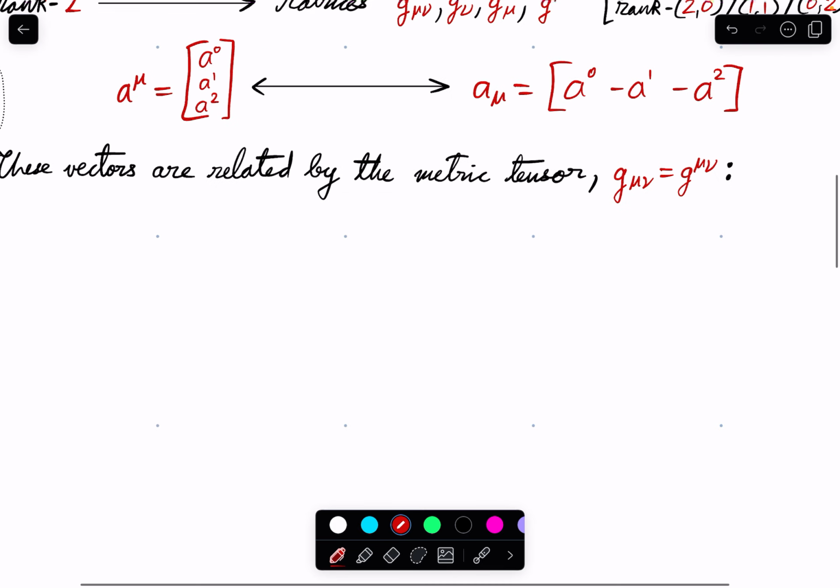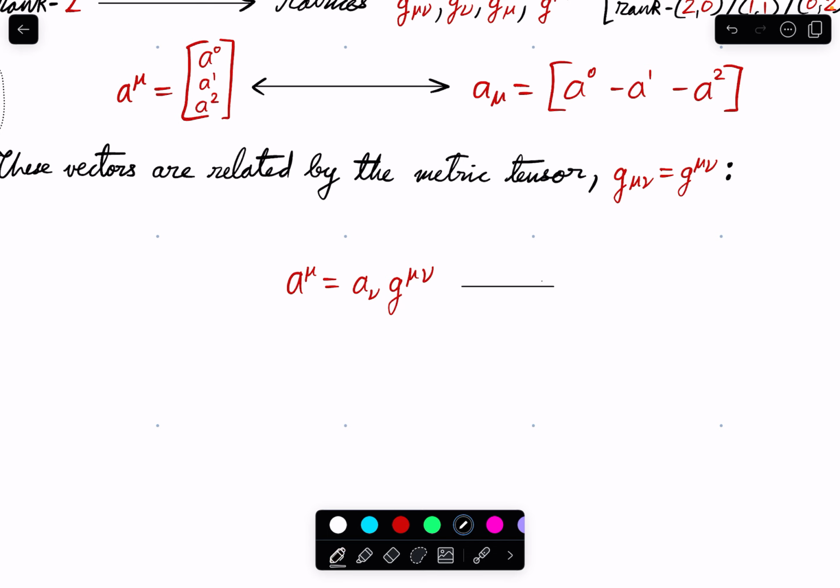The way that they are related to each other then is a superscript mu is equal to a nu g nu mu. Sorry, that is incorrect. Mu nu. And this is a logically equivalent statement to a mu equal to g mu nu a superscript nu.